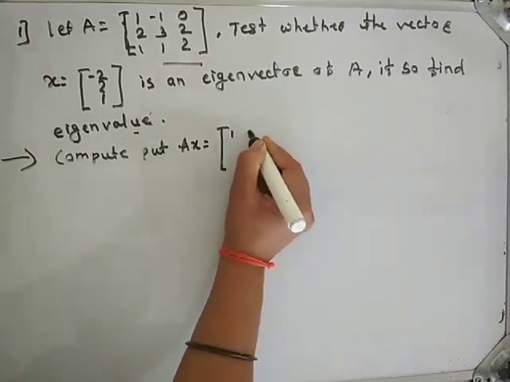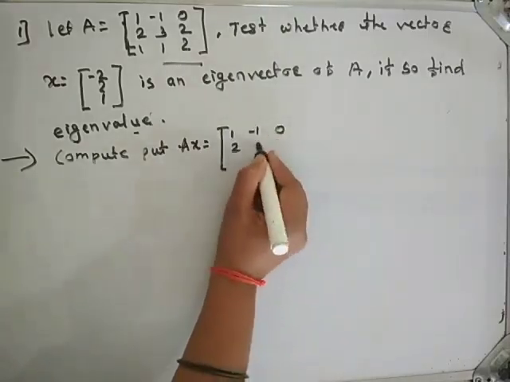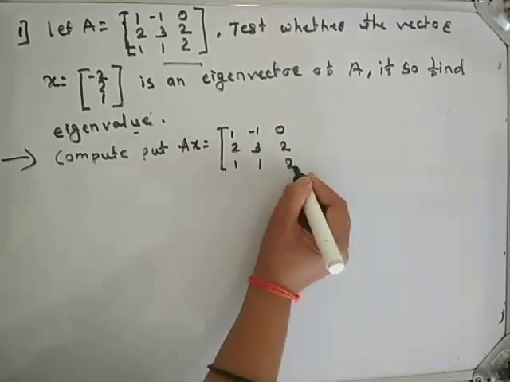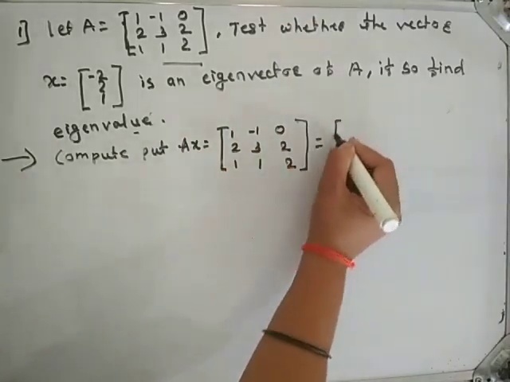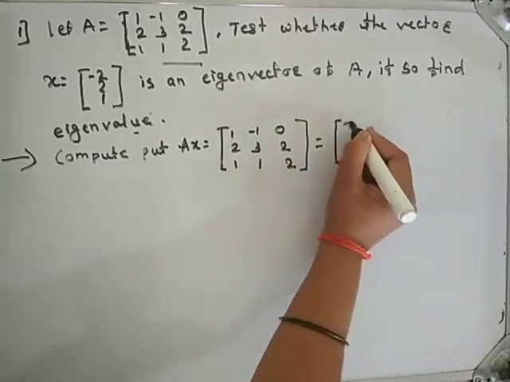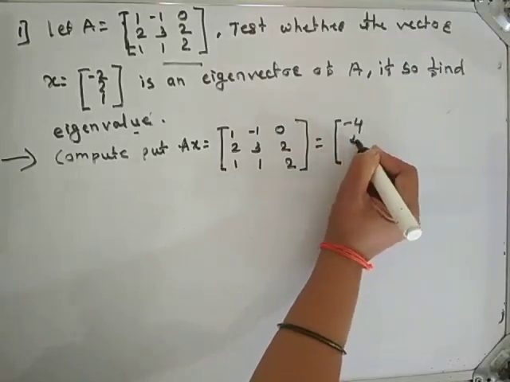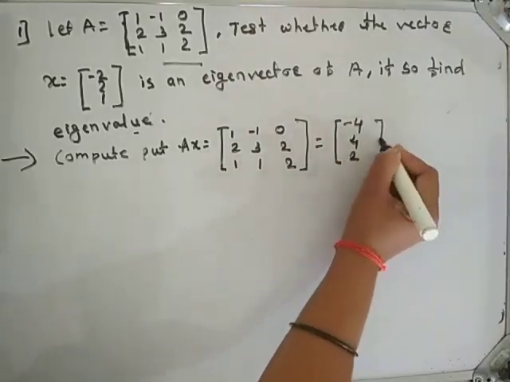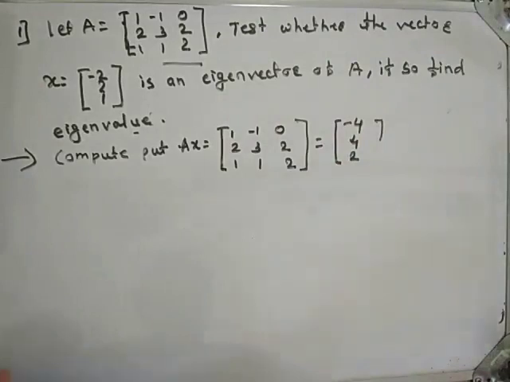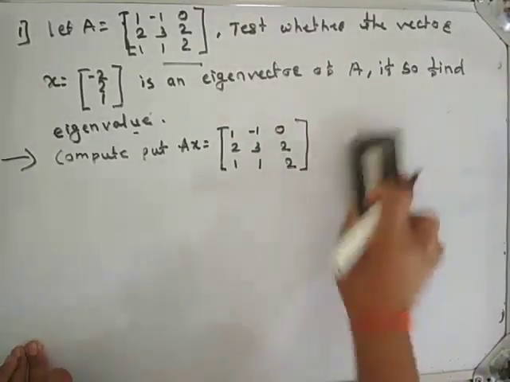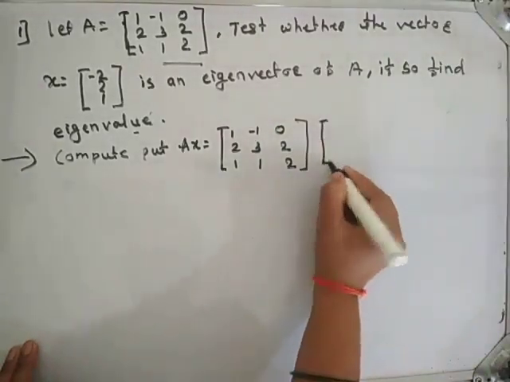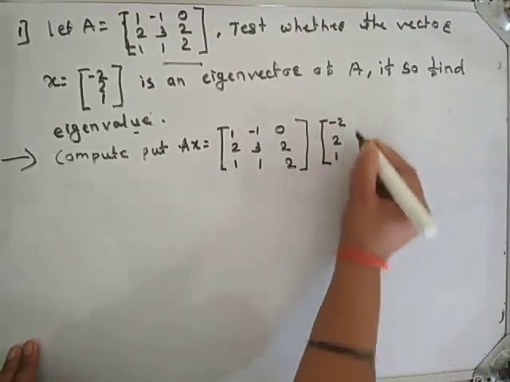A is the matrix [1 -1 0; 2 3 2; 1 1 2], and x is the matrix (-2, 2, 1).